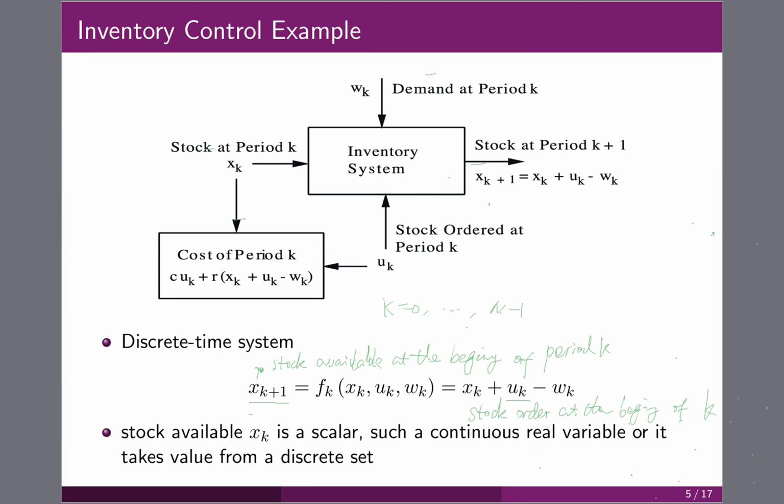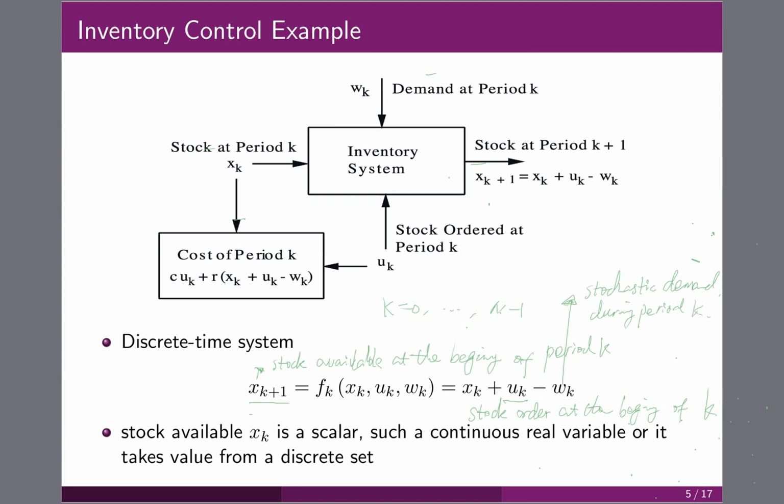And we assume if we order the item, it will be delivered immediately, okay? This happens within a very short time. So this is immediate delivery. And also we introduce this stochastic demand during period k.